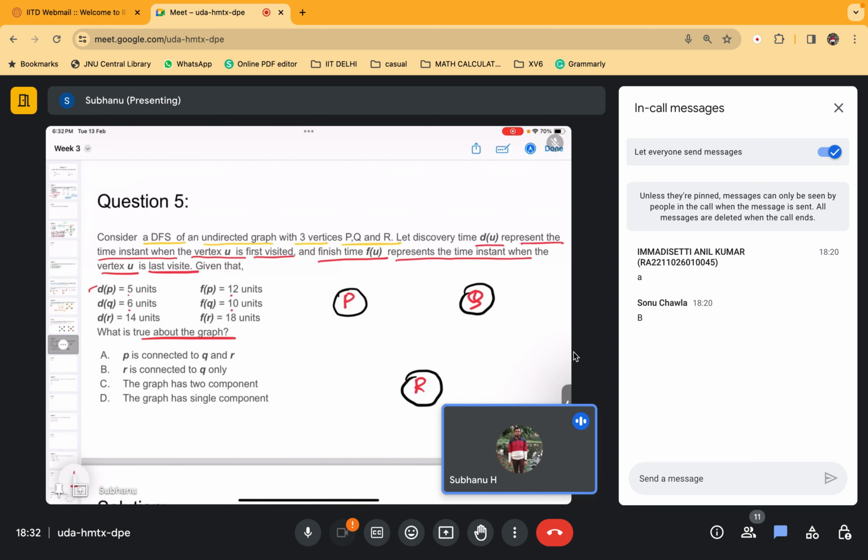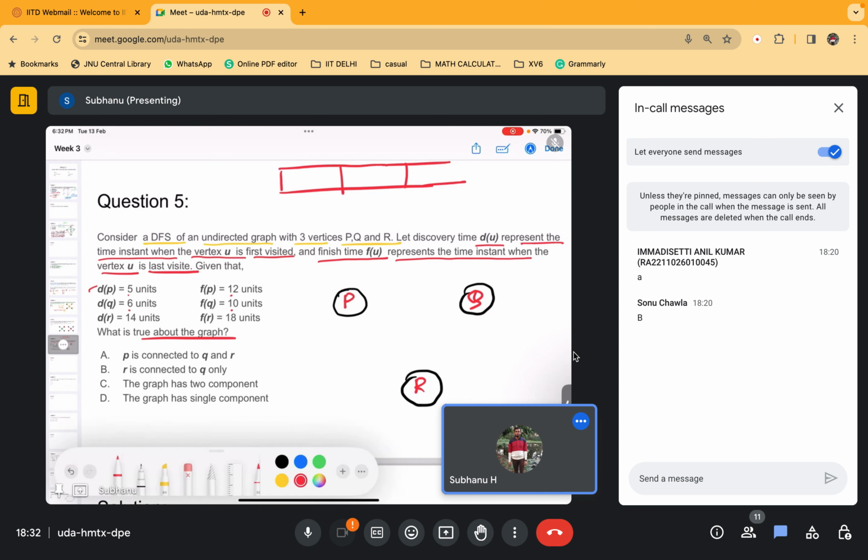You know that for DFS we use the stack. I have already shown you. So to solve this question, what can we do here?